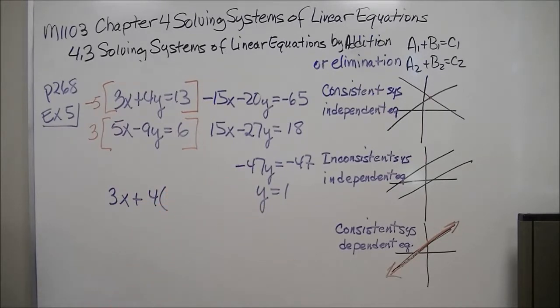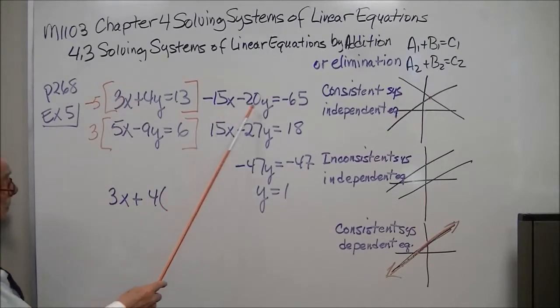Again, in the textbook, they did it to the y's. The y's cancel out. And you could do that too by multiplying this by, let's say, a 9, and this by a 4. So it's a similar thing, and that's a choice you have.